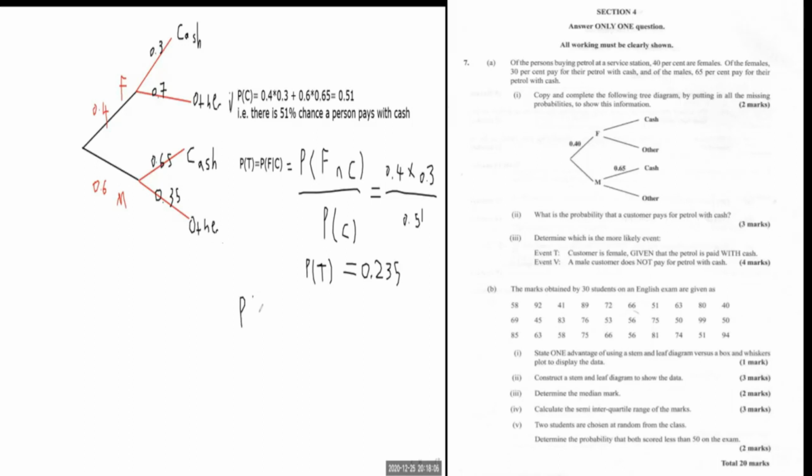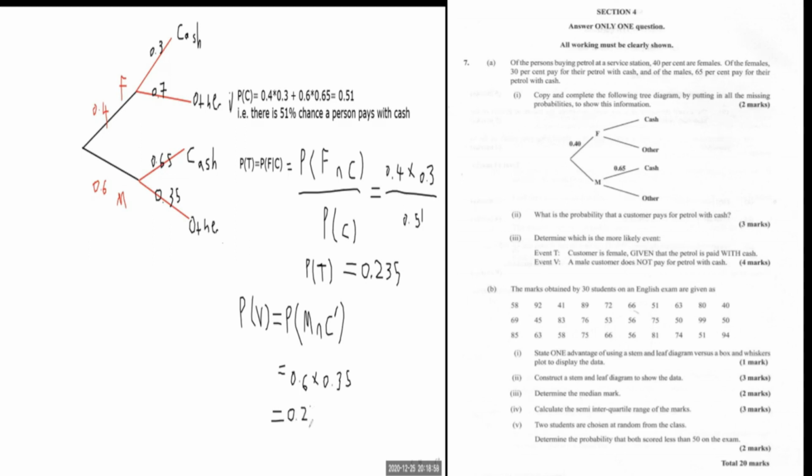So the probability of being a male customer and not paying with cash, that's M intersect C complement, is 0.6 times 0.35. What is 0.6 times 0.35? It is 0.21.